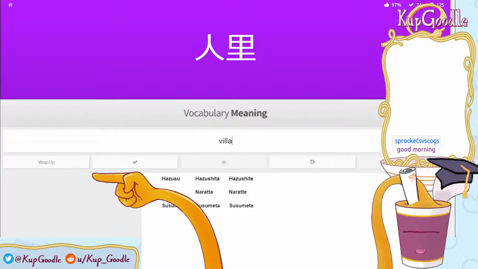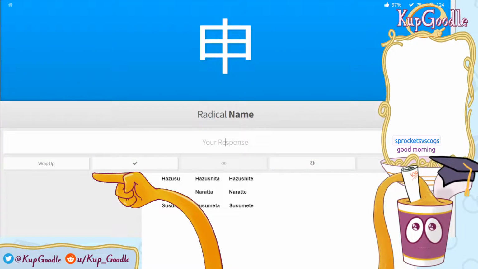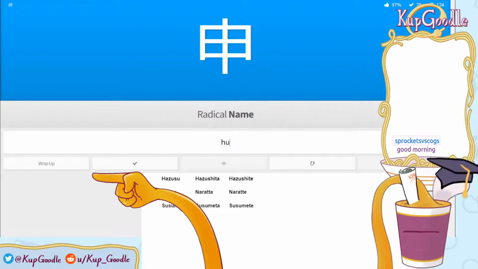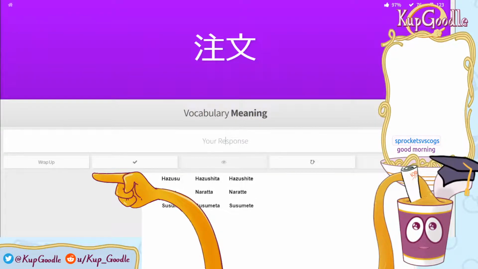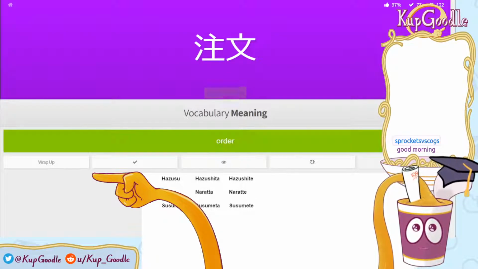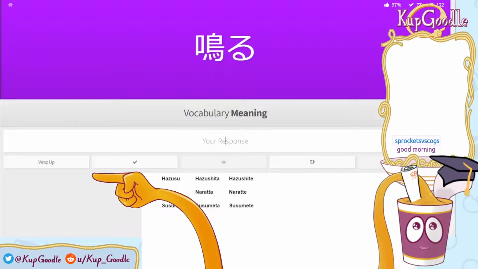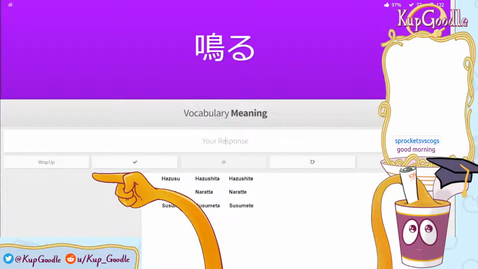Zato is a village. Acronym, humbler. Chumon is an order. Naru. Yeah, naru is to ring.